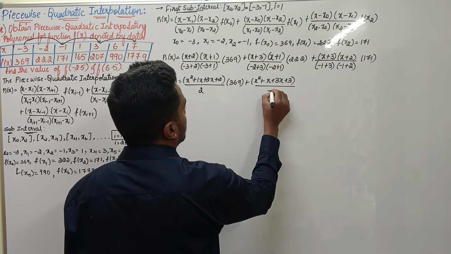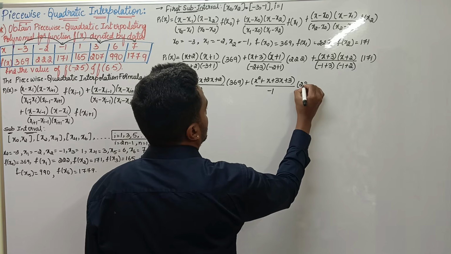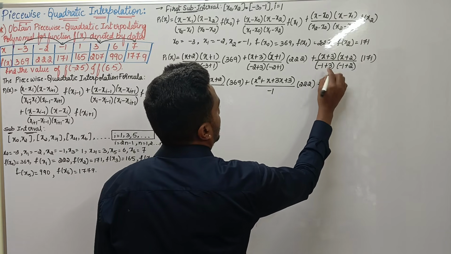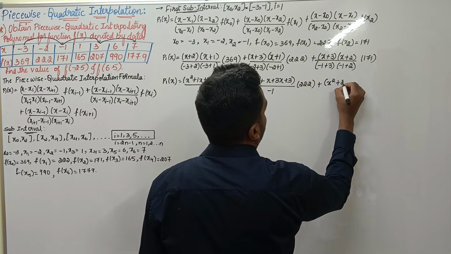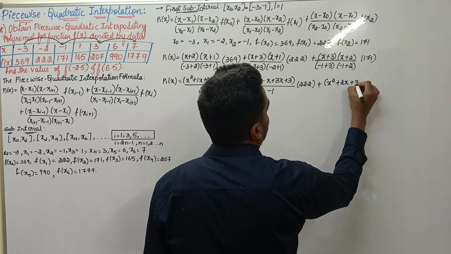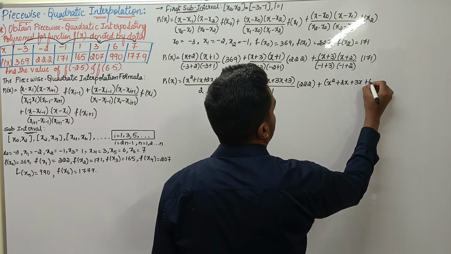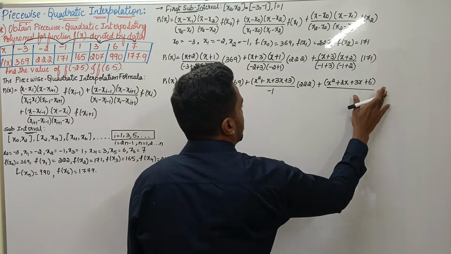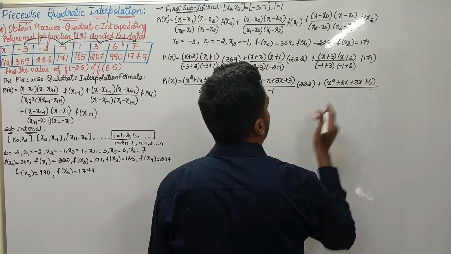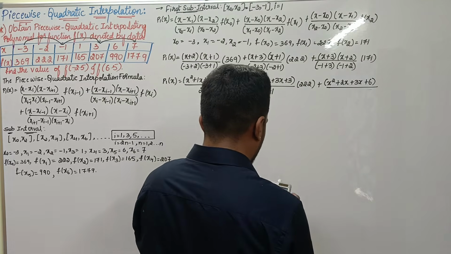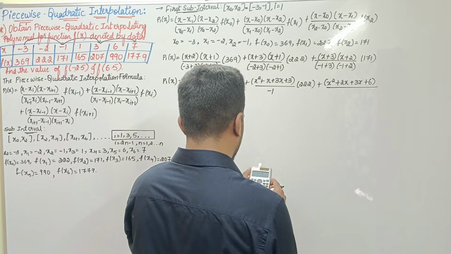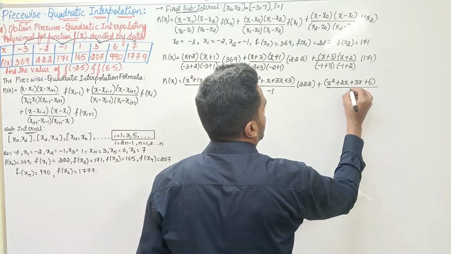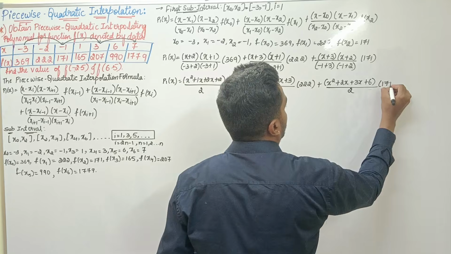You get -1 into 222, plus x into x square, x into 2, 2x, x into 3, 3x, 3 into 2, 6. Whole divided by, again, (-1 plus 3) (-1 plus 2). You get 2 into 171.